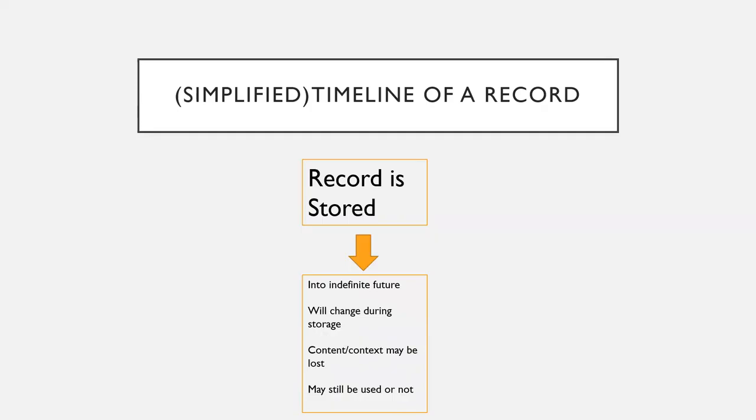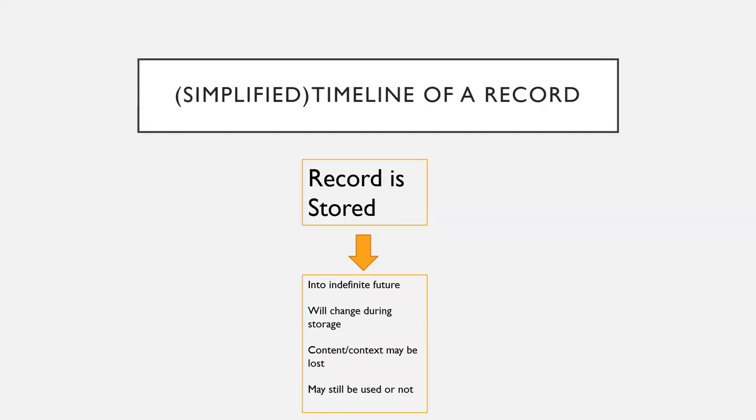The records may reside on a server that is destroyed or has some kind of malfunction that results in the records being lost. So there is danger to the record throughout this storage stage, and it's important for archivists to be aware of those dangers and think of ways to limit those dangers and help ensure that records do survive into the indefinite future.